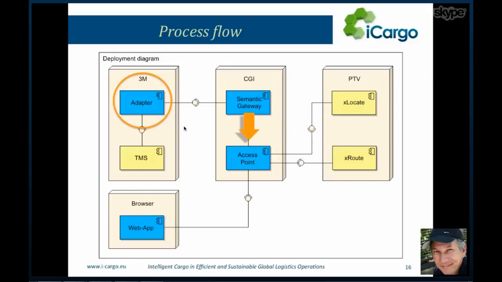This decomposed information is sent to an access point, where all this information is stored as different digital shadows of each entity. Then the information is enriched with information from PTV to find, let's say, the GPS coordinates of the final destination.